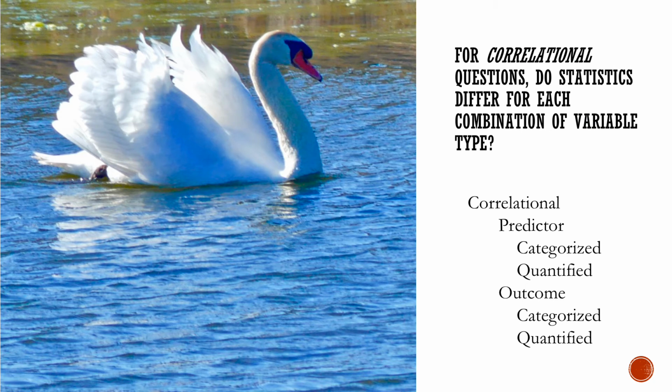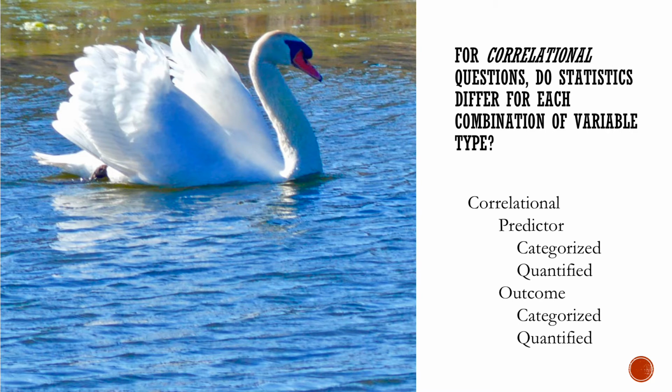For correlational questions, do statistics differ for each combination of variable type? So for correlational questions, we can have either a categorized or a quantified predictor, and we can have either a categorized or a quantified outcome, and we can mix and match the types of variables.